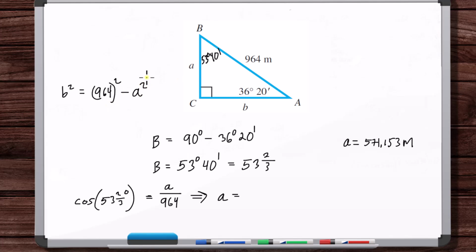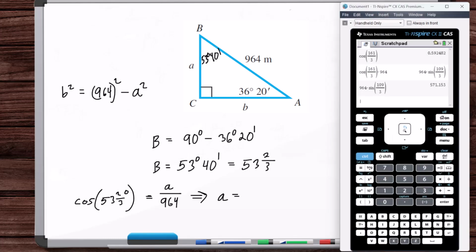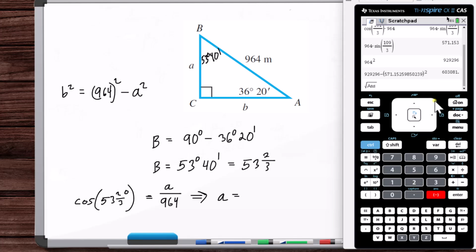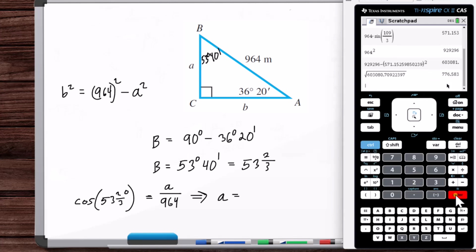We take 964 squared minus a squared, and then take the square root of this. We're carrying all those digits. So b is 776.583.